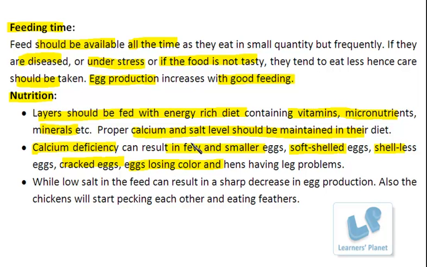Now if I consider the salt concentration, if low salt is there in the feed, then it can result in a sharp decrease in egg production. Not only this, because of such deficiency, the chickens will start pecking each other and eating feathers. So this particular feature indicates that there is a deficiency of certain nutrients in them.